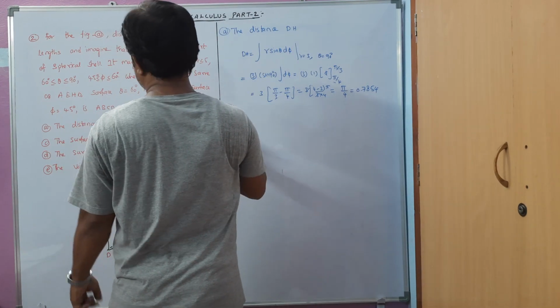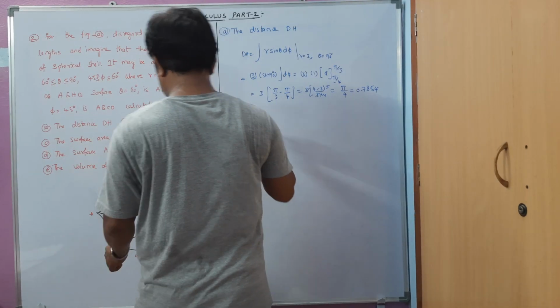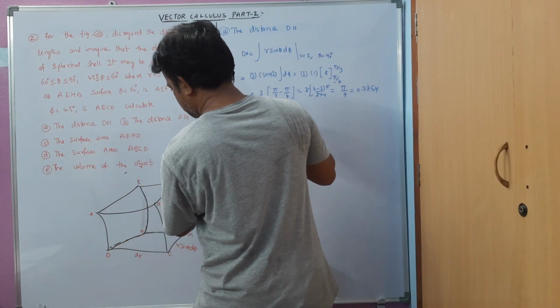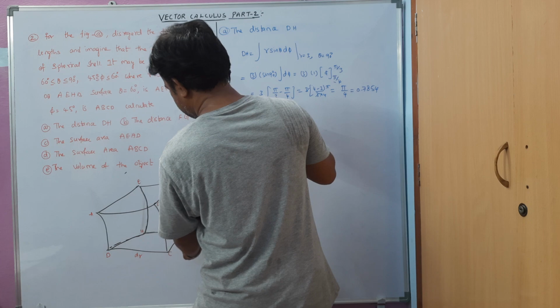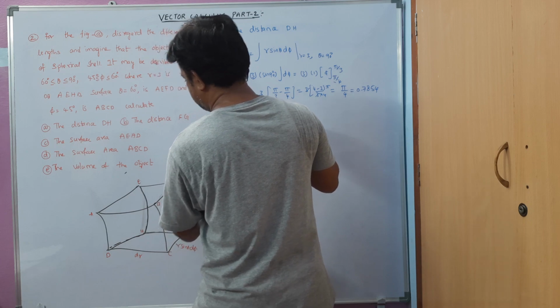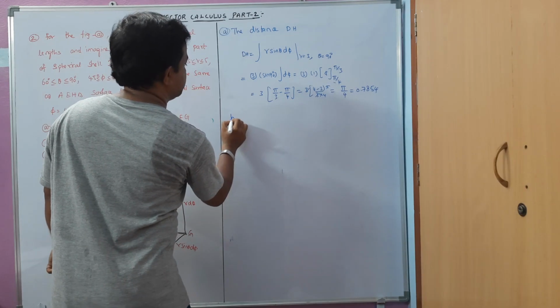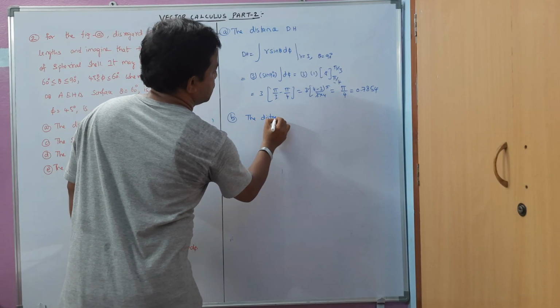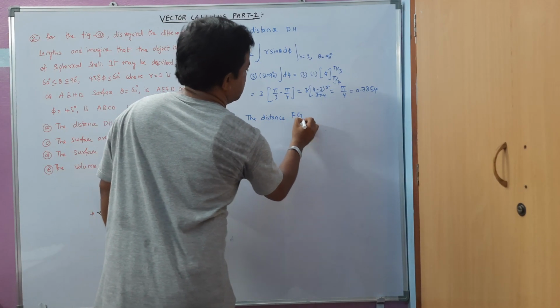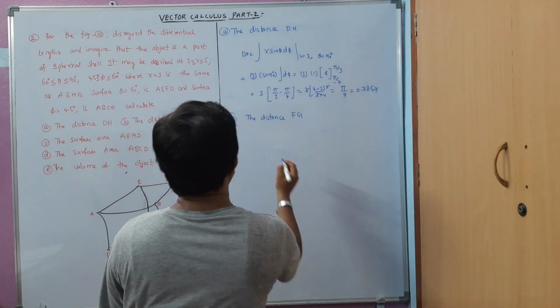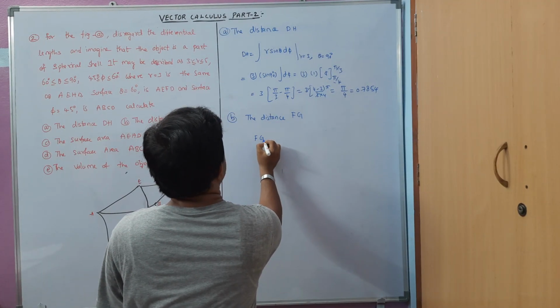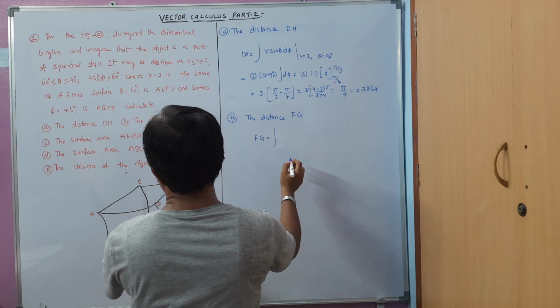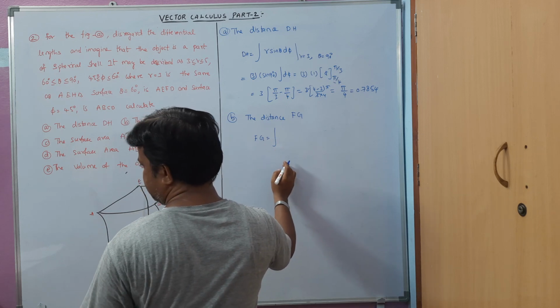Now let us take the B question, the distance FG. It is along r d theta. So if I take FG, it is taken as r d theta.